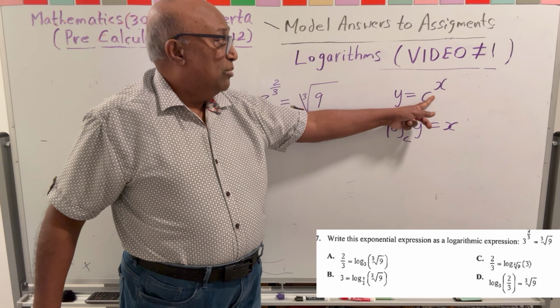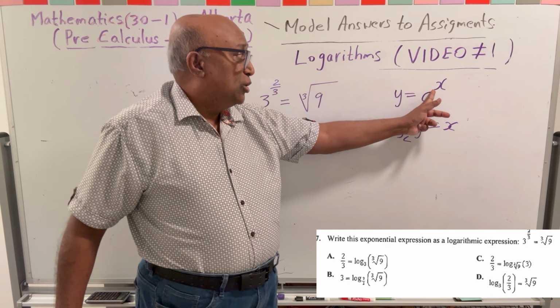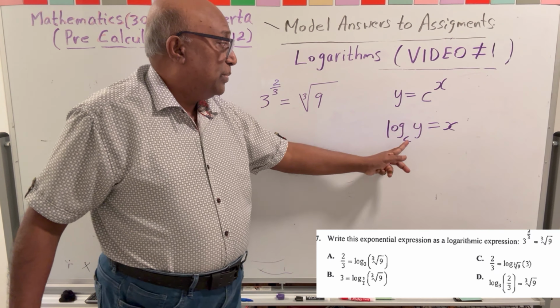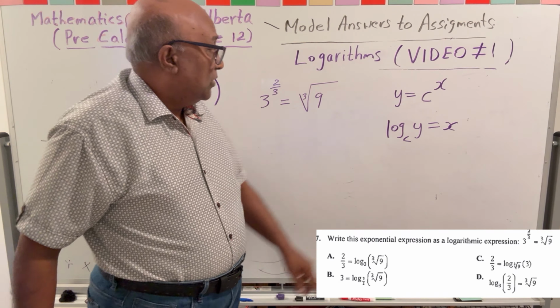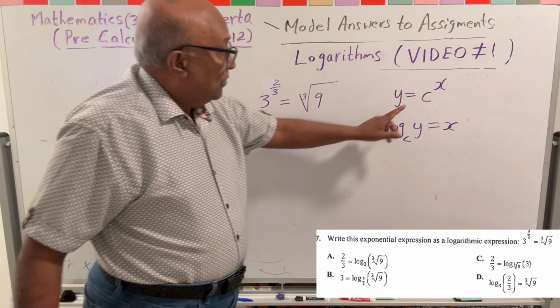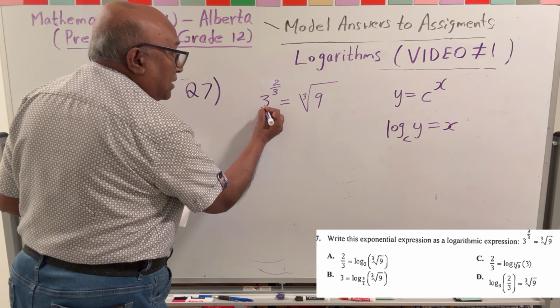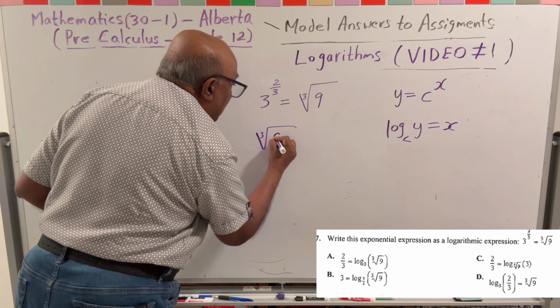This is the exponential form, this is the logarithm form. That means the base of the exponent has become the base of the logarithm. Okay? That means we rearrange this.